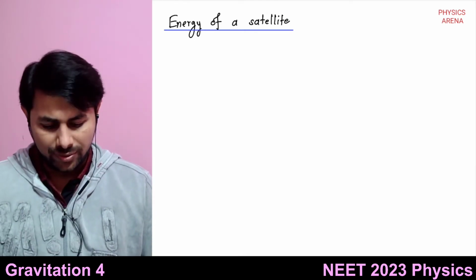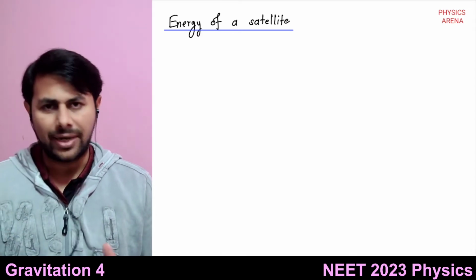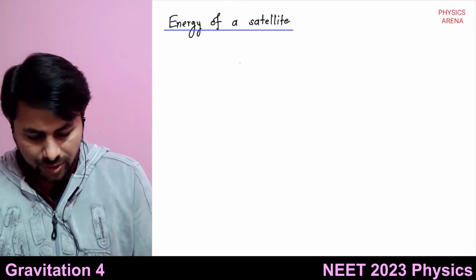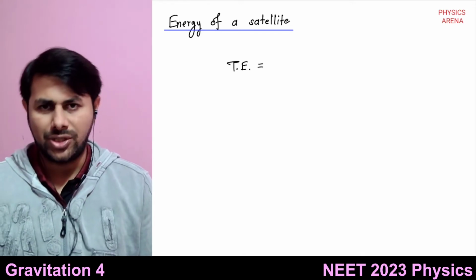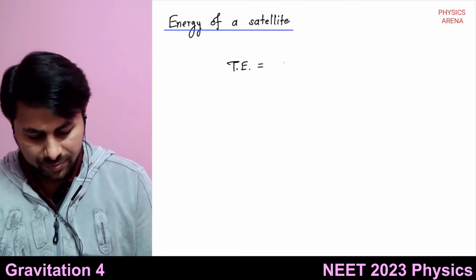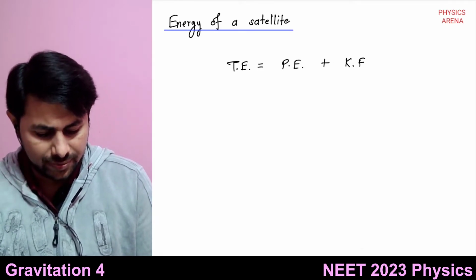Okay, so now it will have two kinds of energies, right? The satellite will have two kinds of energies. So the total energy of a satellite is the addition of potential energy and kinetic energy. So potential energy plus kinetic energy.